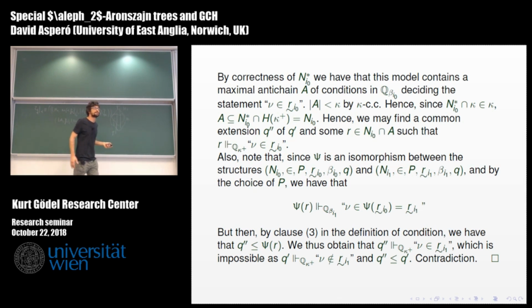Yeah. So the iteration is like kappa plus, but it has only kappa many subsets. So at some point it stops. Yes. And in fact, this point is the ground model because of kappa-cc. So it doesn't depend on the generic. And you're not claiming this is step 1. No, no. It's some magical ordinal where afterwards all the forcing is decided.